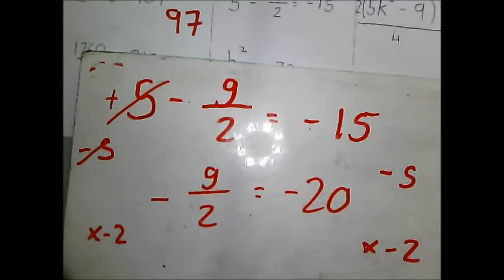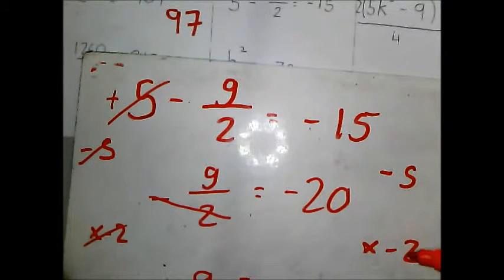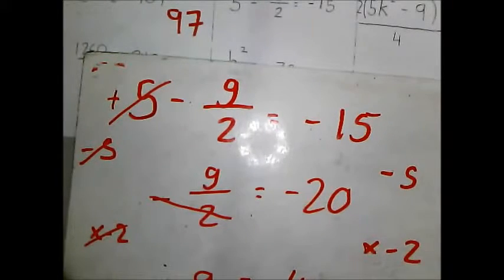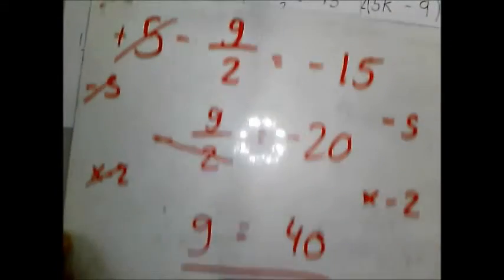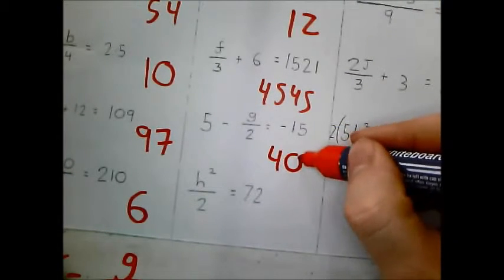Okay, this is g divided by -2, so I multiply by -2 to make it a positive g. So that cancels with this, so we get g equals, now -20 multiplied by -2, well 20 times 2 is 40, and negative multiplied by a negative will give us a positive result, so our answer is g equals 40.